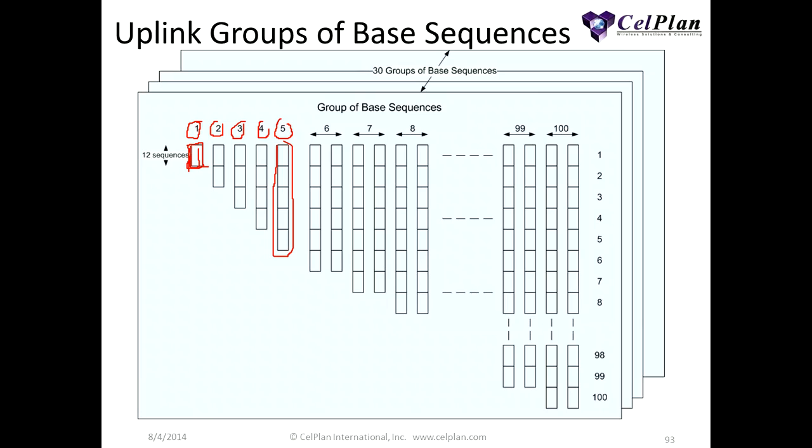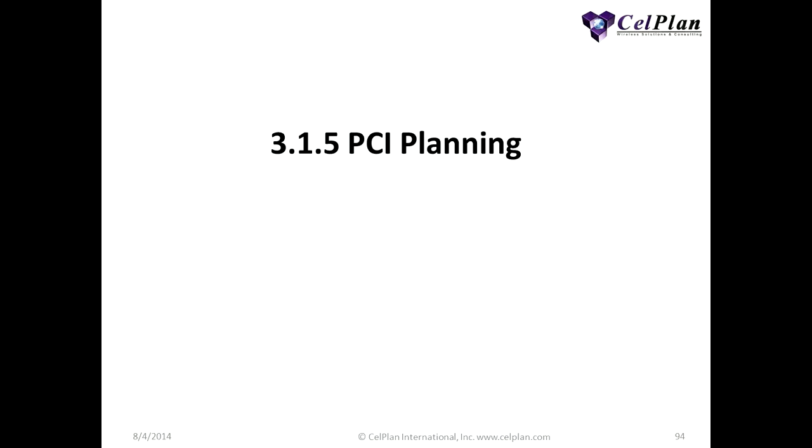There is a sequence of 12, here's a sequence of 24, here's 36, here's a sequence of 60. Above this we have 2 sequences, sequence A and sequence B, for each number of resource blocks up to 100.